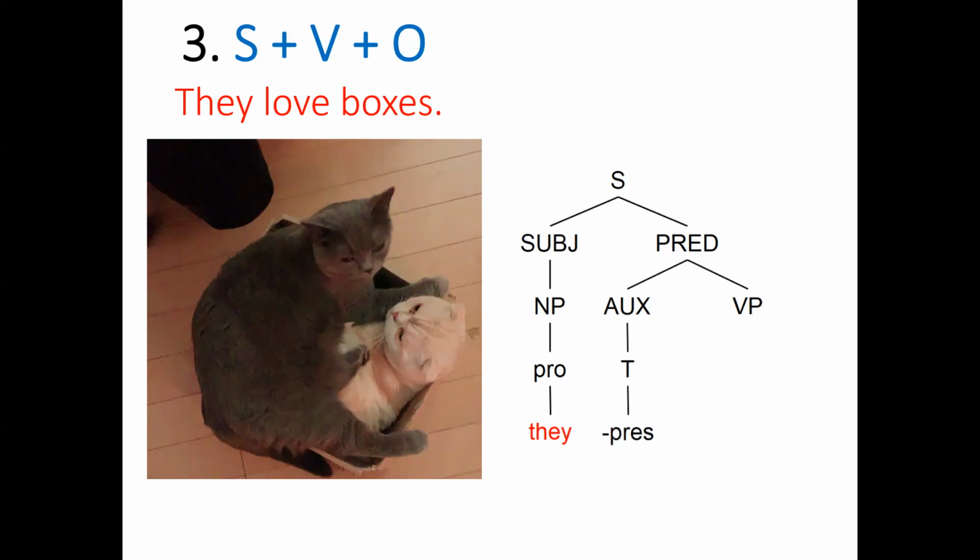The verb phrase is made up simply of the verb love, which we will attach to the auxiliary tense marker. And then the noun phrase, which forms part of the verb phrase, is comprised of the noun box, and its plural is also indicated here with the PL notation. And so there we have it, our SVO sentence pattern.